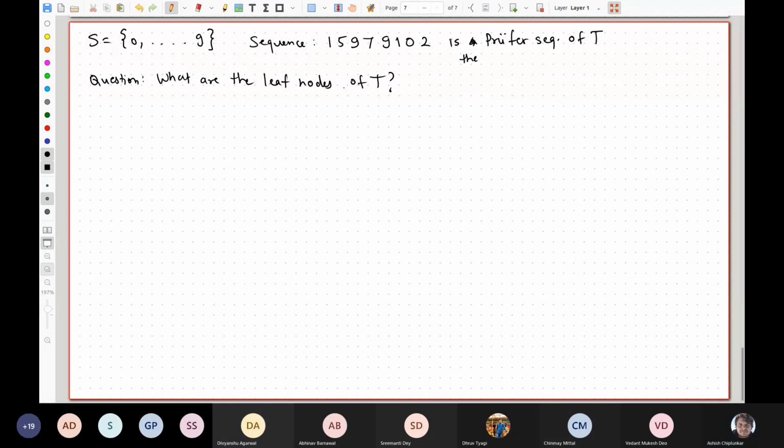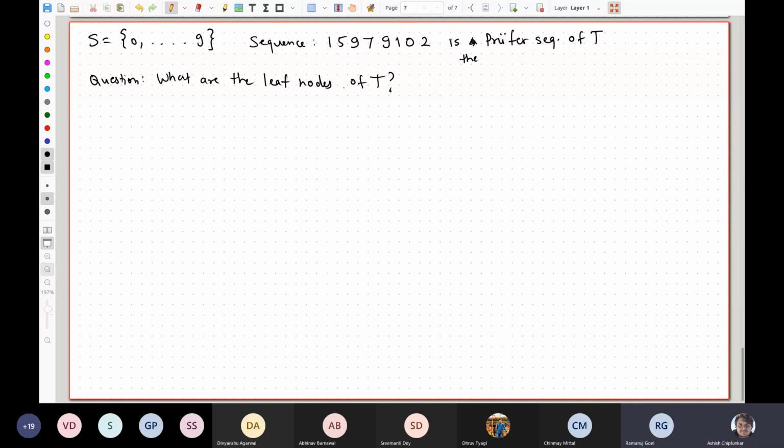Well, 2 had a neighbor, so I don't think 2 is also a leaf node. So I think except for 9, we can't say anything for 9 here. We can say that the first vertex deleted was a 3, I guess. Correct. Because 1, 2 and 0 are already in the sequence, so they were connected to a leaf.